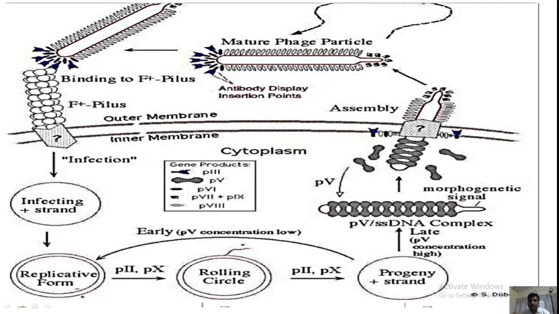So here develops a new bacteriophage progeny, an M13 progeny. See this phage genome, which is covered with the gene 8 protein, and then at one end the gene 3 protein binds. So there develops an intact M13 phage progeny.